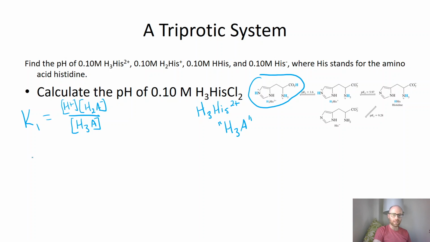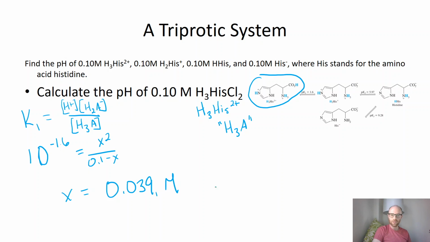Then when we start plugging in some numbers, we should get 10 to the negative 1.6 equals x squared over 0.1 minus x. When you throw that at your calculator, x, the hydronium ion concentration, is equal to 0.0391 molar, and that should yield a pH value of 1.41.